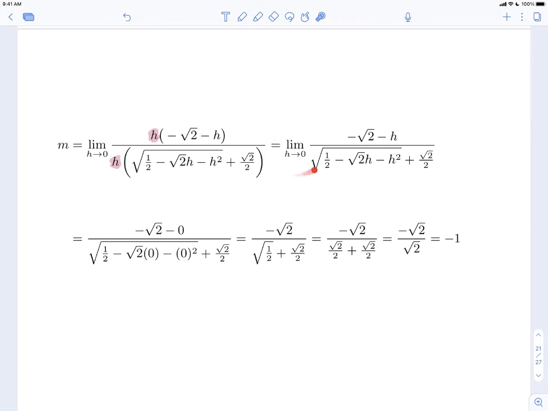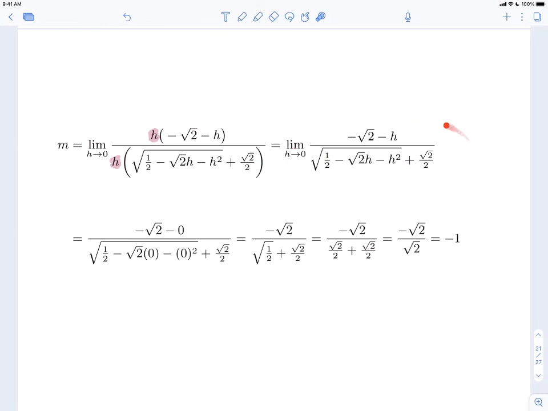And now we have the limit as h goes to 0 of the numerator, which is minus square root of 2 minus h. And the denominator is still pretty complicated. We've gotten rid of that little h. But notice all of the h's that appear here. There's an h there, there's an h there, and we have an h in the numerator. But this limit as h goes to 0 means that h is getting really, really, really small.